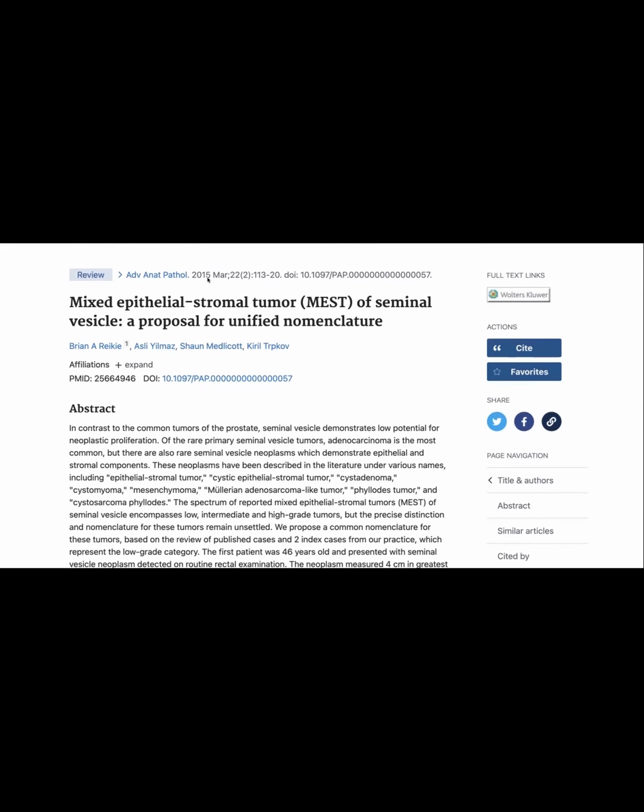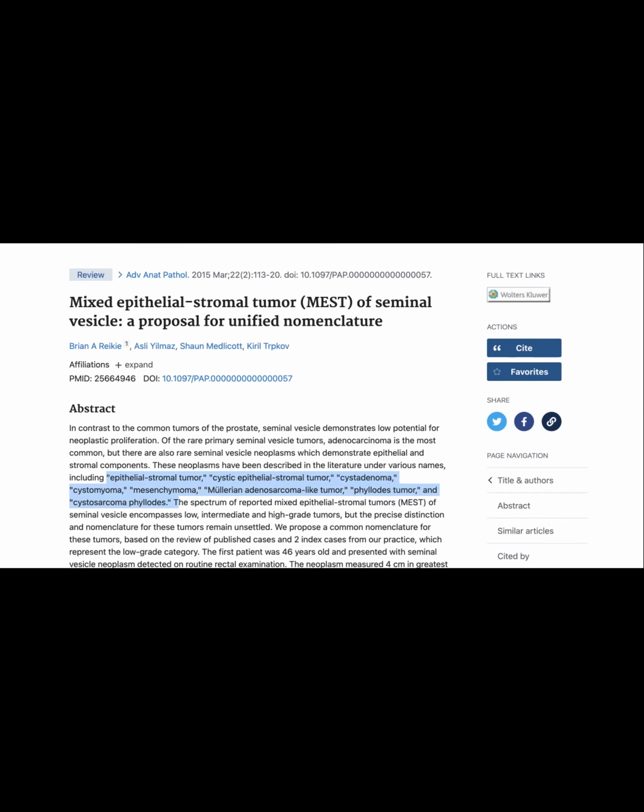They basically want to use this term as a unified nomenclature for all these things that we used to call, for example, cystadenoma of the seminal vesicle, mesenchymal phyllodes tumor, etc. So it seems like these are all mesenchymal tumors with mixed epithelial and stromal components. They have glandular elements, which are the T2 hyperintense bright stuff, and stromal elements that are the dark bands.